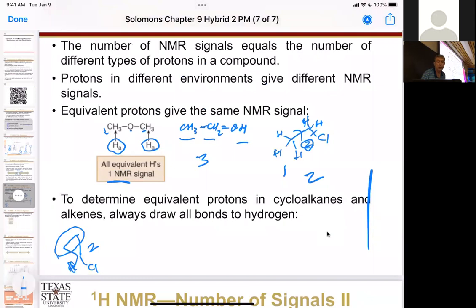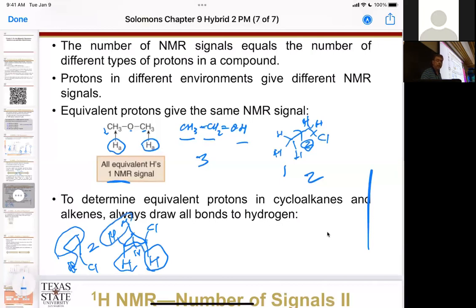Let's redraw it such that it's 3-dimensional. Let's have our chlorine up here and our hydrogen down here, and then our hydrogen, hydrogen, hydrogen, and hydrogen. Okay, so obviously this hydrogen is its own signal. So that's 1. These hydrogens are not the same as these hydrogens up here.